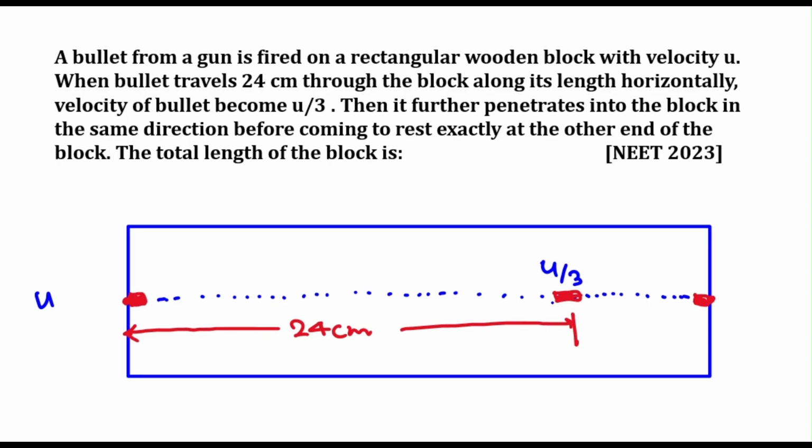Now, from here to here, there is a loss in energy of this bullet, and we have to find this first. How can we find it? At this point, the bullet has kinetic energy 1 by 2 m u square, and at this point, the bullet has kinetic energy 1 by 2 m times u by 3 square. Now, what is the change in kinetic energy from 0 to 24 centimeter?